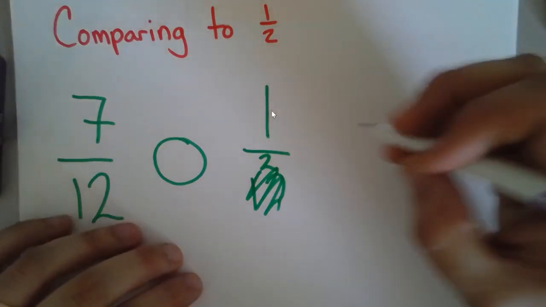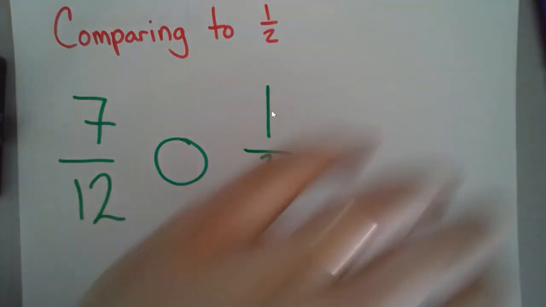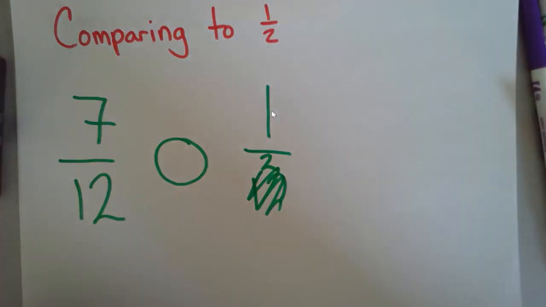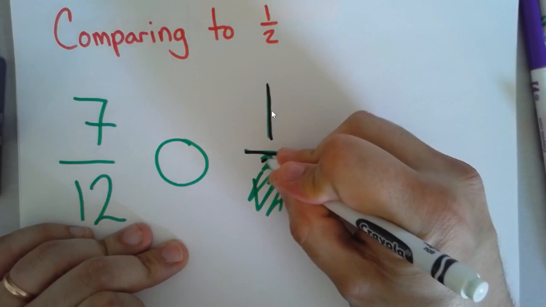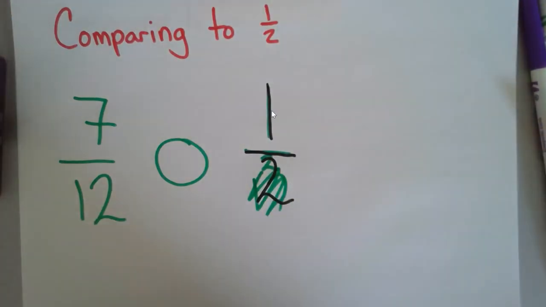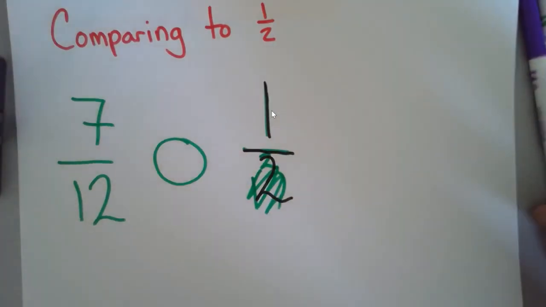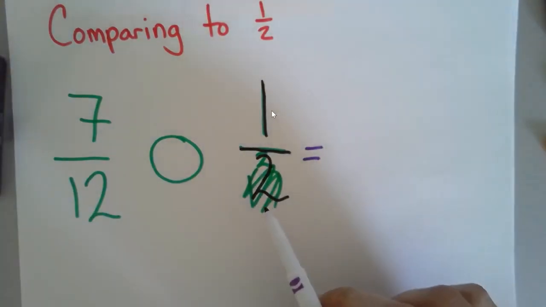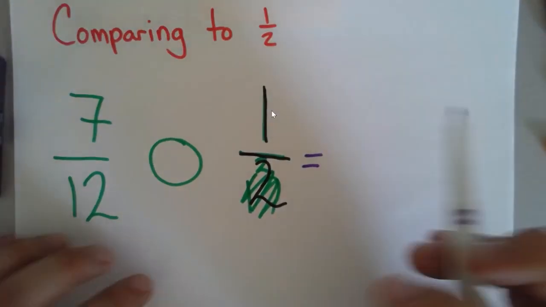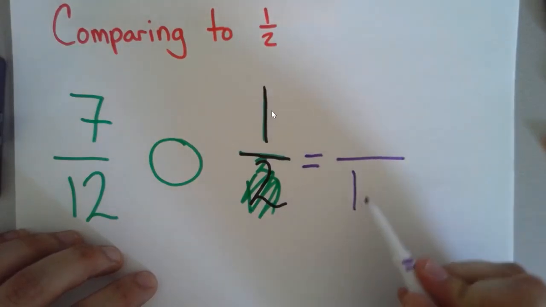All right, so I need a fraction that's equivalent to 1/2. I'm going to rewrite this maybe a little bit more neatly here. 1/2. There, a little bit more clear. All right, 7/12 compared to 1/2. What's a fraction equivalent to 1/2 with a denominator of 12?